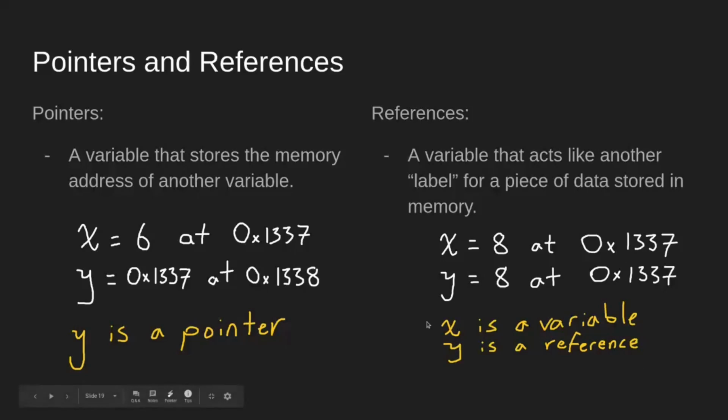That's a nice way to think about what references are. They're just another way to call a memory location. On the other hand, pointers are a separate variable entirely at a separate memory location, and they hold the memory location of another variable. Just like pointing.